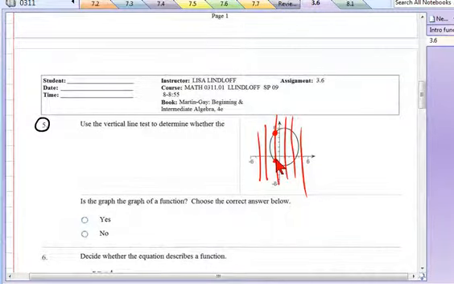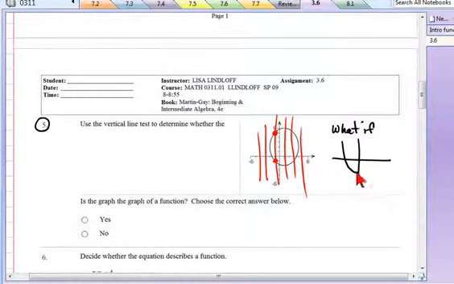Well, actually, what if I had this as a picture? What if I had this picture, which we will graph at the end of our semester? Would that pass the vertical line test?